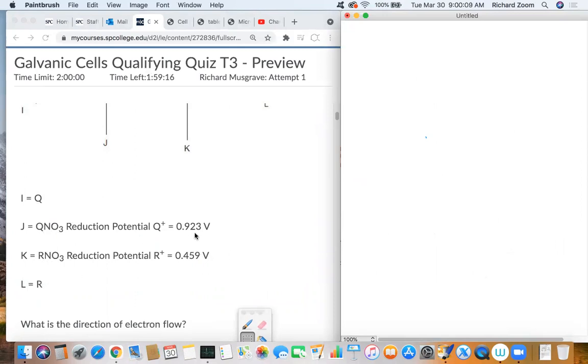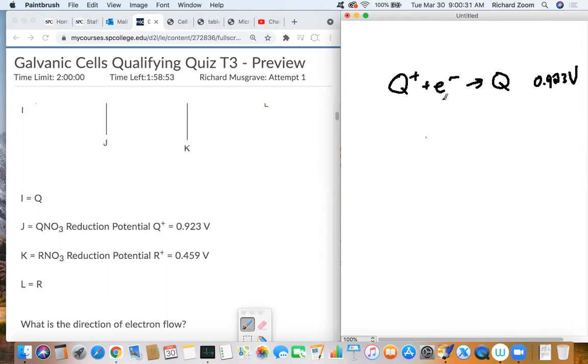So, sometimes people look at this and they don't know how to deal with it, but here's the thing. If we're talking about reduction potentials, then what we're looking at here is Q plus an electron giving Q. And the reduction potential would be 0.923 volts for that.